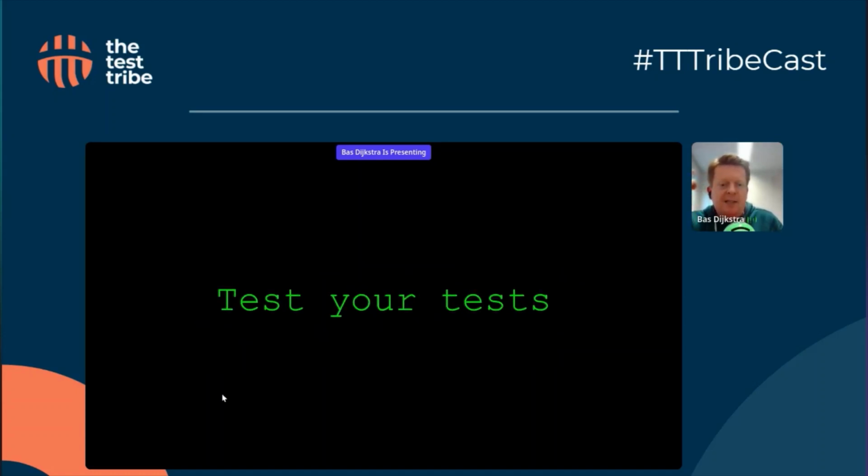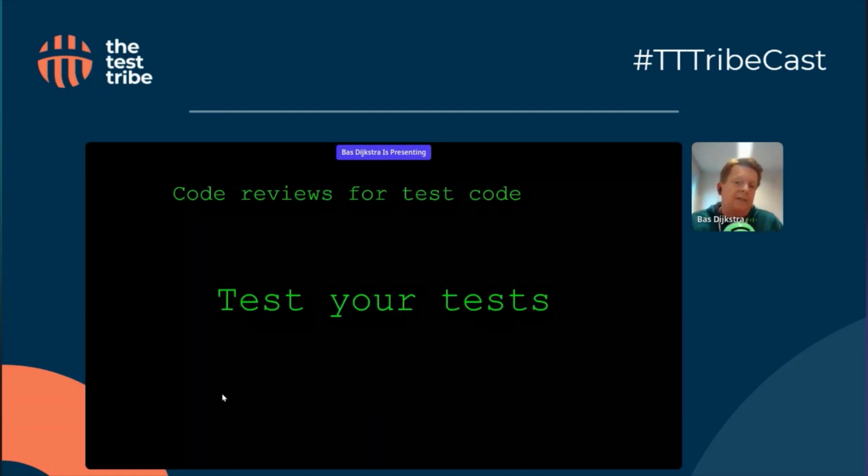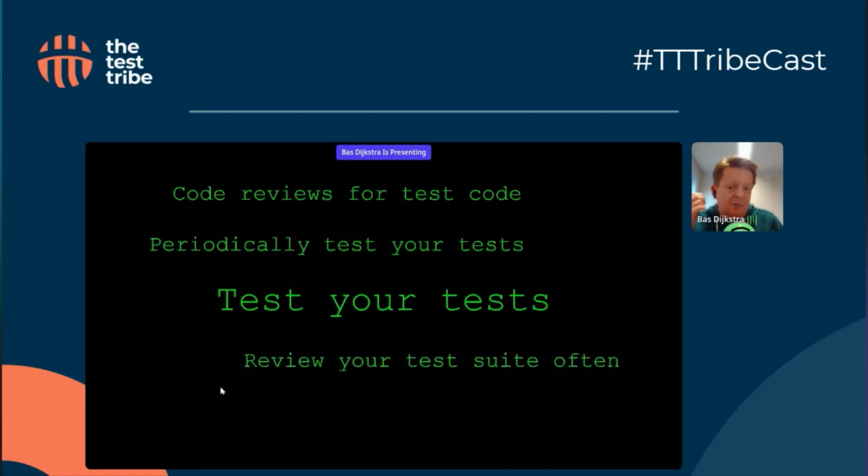Which probably means it's a good idea to test your tests, to make sure that you don't just have a lot of tests, but also that the quality of your tests is good enough. Some of the things that help a lot here are code reviews, or just pair programming. Periodically testing your tests and making sure that they still do the stuff that they're supposed to do.